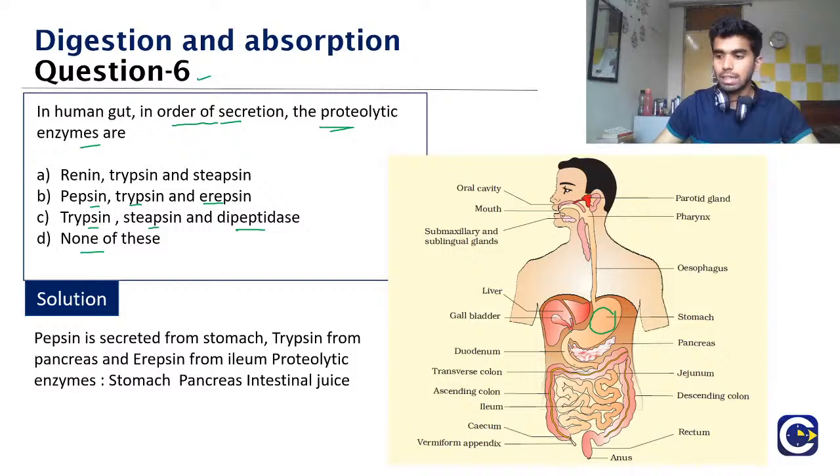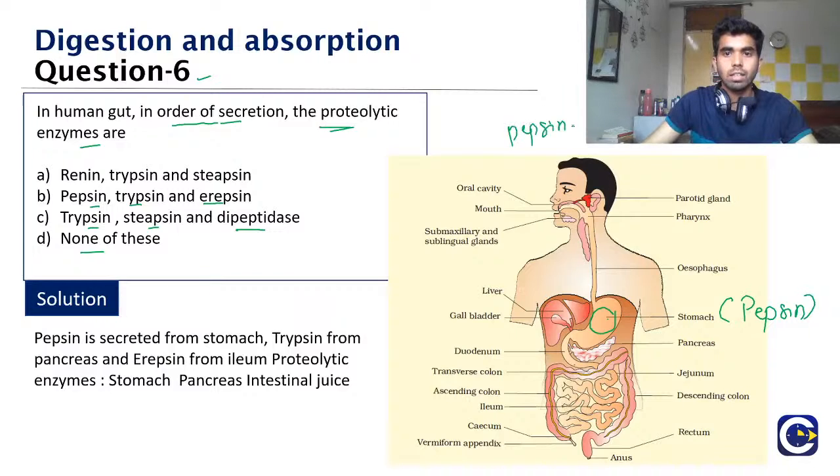In the alimentary canal, the first place where the protein is digested is the stomach, then the small intestine, and there is no digestion at all in the large intestine. But then we have to know what is the enzyme present over there. The first enzyme that is present in the stomach is pepsin. So the first option should be pepsin, isn't it?